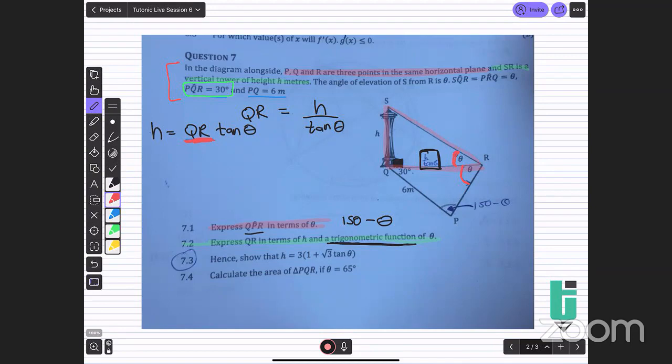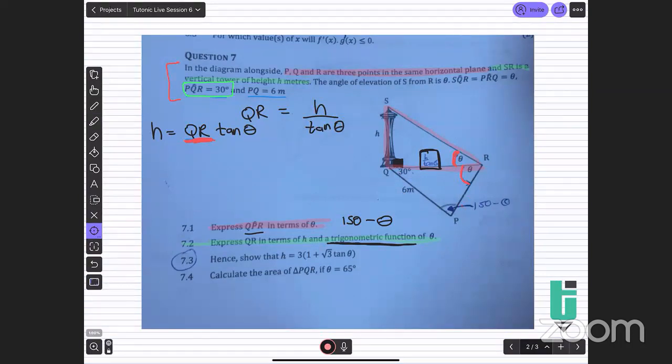Because 30 degrees is an included angle between QR and QP. Yes, but then you would need to work out RP. Because if you use cos rule, you're going to say this squared is equal to that squared plus the other squared minus 2ab cos. You get what I'm saying?